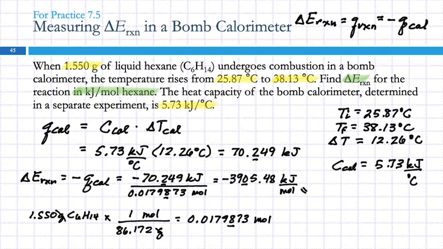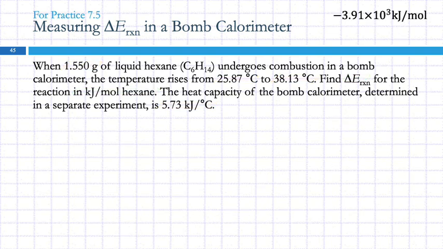Kind of important. Negative 3.91. This is the digit I'm keeping. The next digit's 5. I have to round up. Times 10 to the, and I'm moving the decimal point 1, 2, 3 places. It's a big number, so it's a positive exponent, kilojoules per mole. Any questions? Yay, got one right.